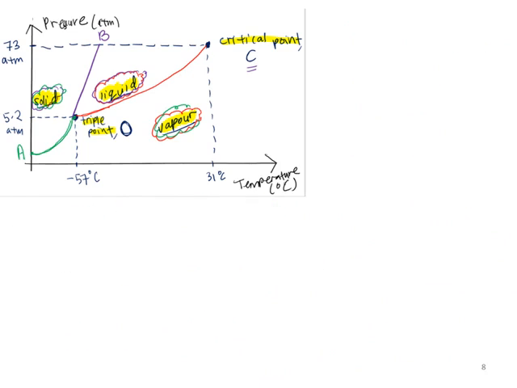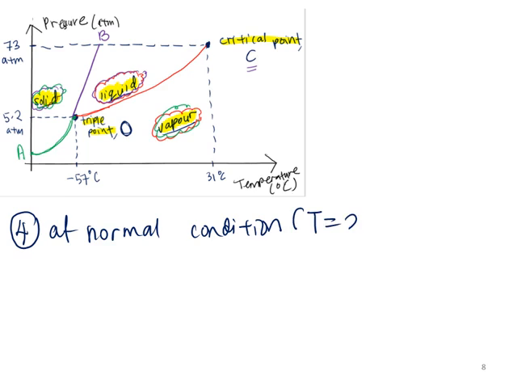Poin yang keempat. Okay, poin yang keempat ni pelajar memang dah belajar daripada sekolah rendah lagi, iaitu at normal condition. Normal condition, maksudnya normal temperature and normal pressure. What is the condition for the normal temperature and normal pressure? Okay, kalau normal temperature, temperature bersamaan dengan 25 degrees Celsius and the pressure is 1 atm.